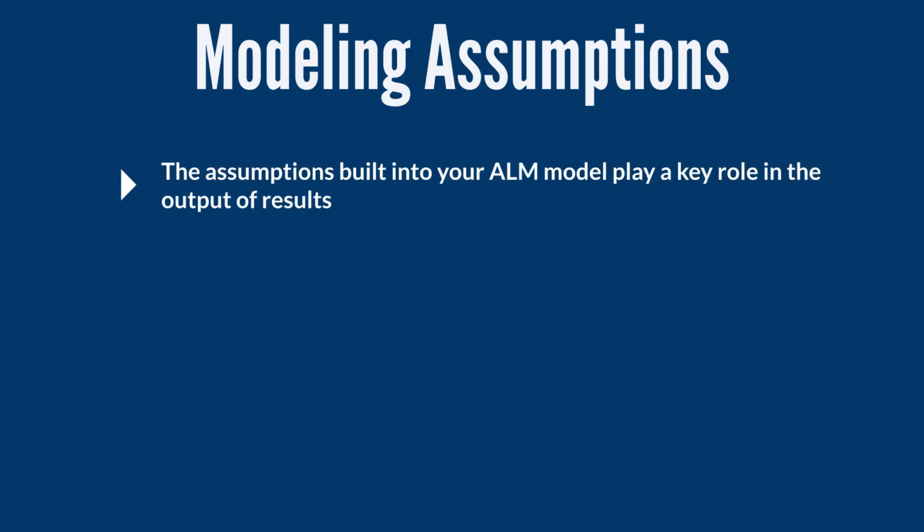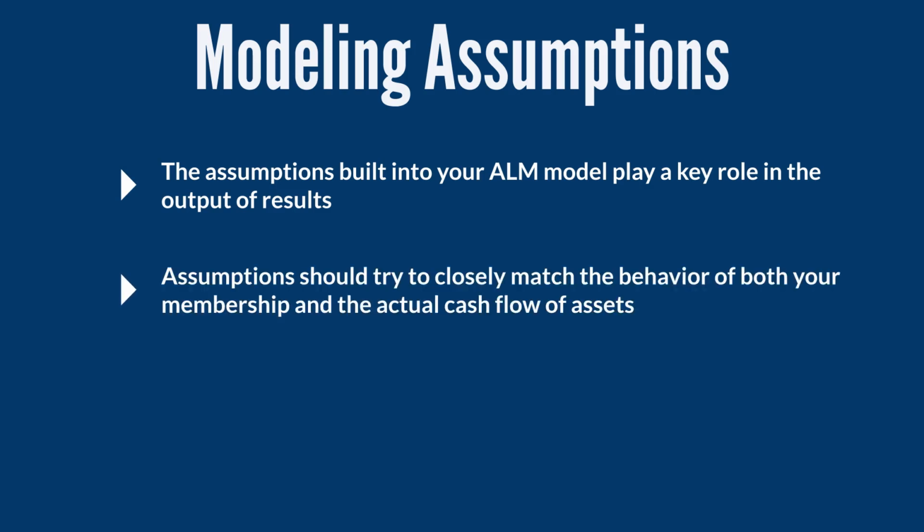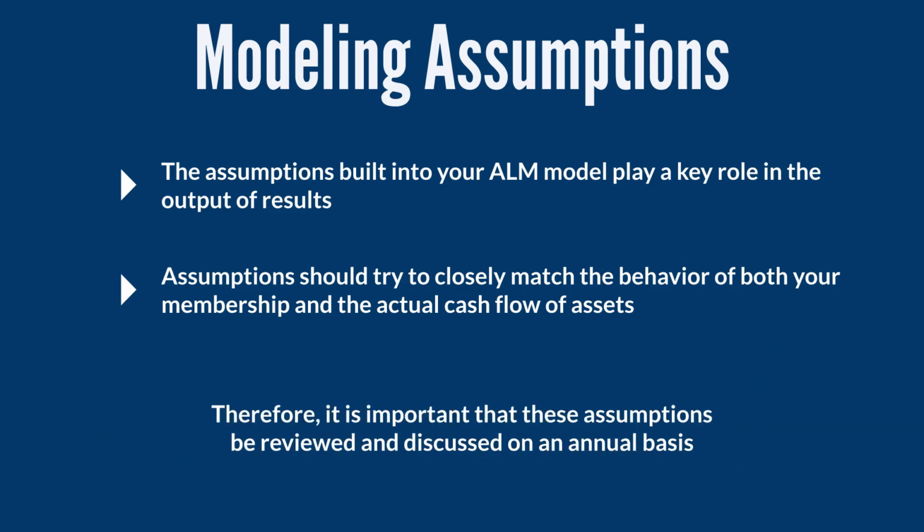Like anything in ALM, the net economic value is strongly driven by the assumptions that are built into the model. Ideally, assumptions that most closely resemble both the behavior of your assets and membership will create the best results. So, it is important that assumptions are reviewed on a regular basis and that the impact of these assumptions be understood by credit union management.